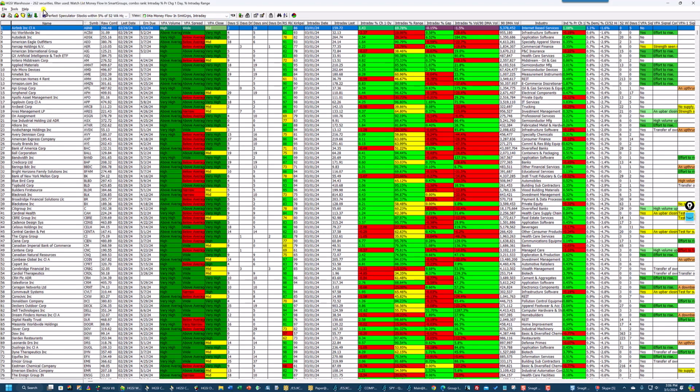So this, look at that, 262 stocks yesterday were in the list of money flow, the perfect speculator stocks.